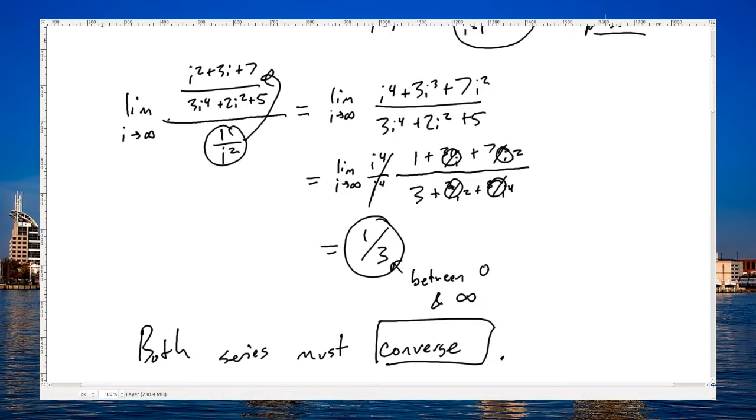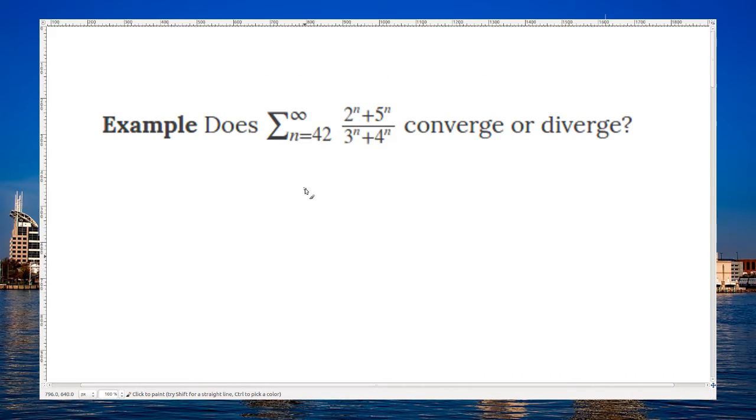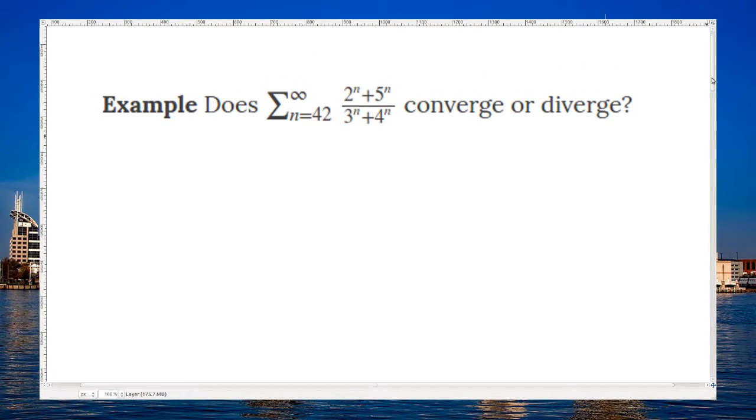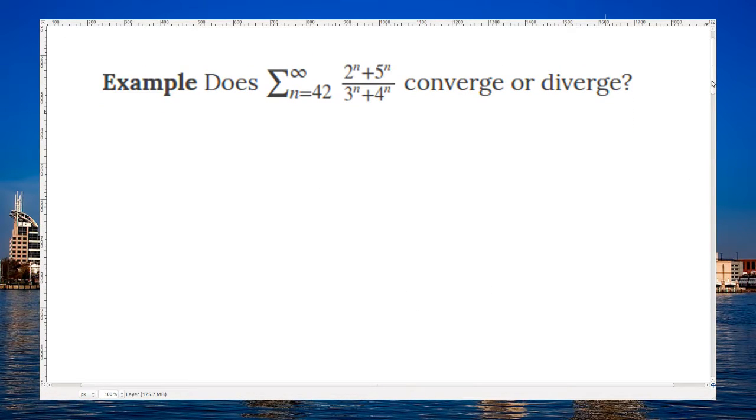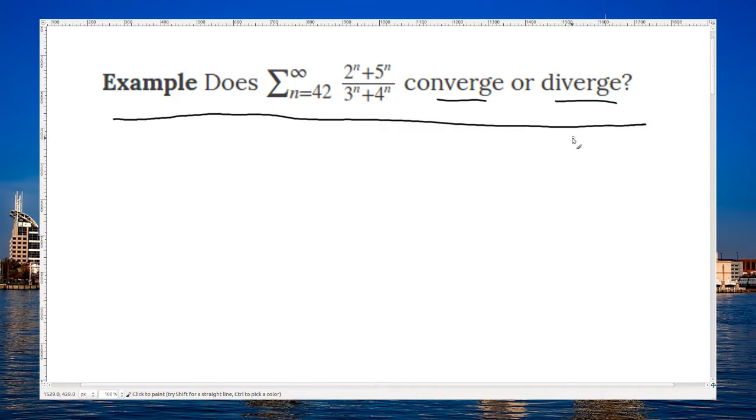Last example. Again, don't worry too much about this big number here. It doesn't really matter where you start your series at. That's not going to affect whether the infinite sum is finite or infinite. With the limit comparison test, I can just take the biggest thing on the top and bottom and compare with that.